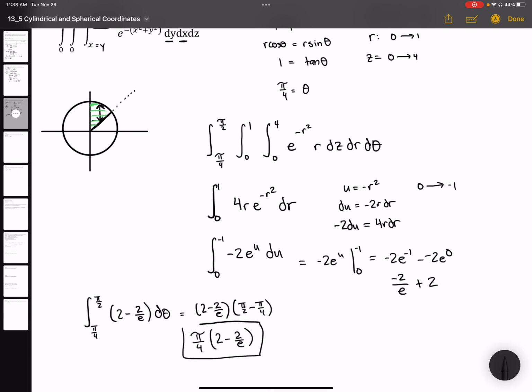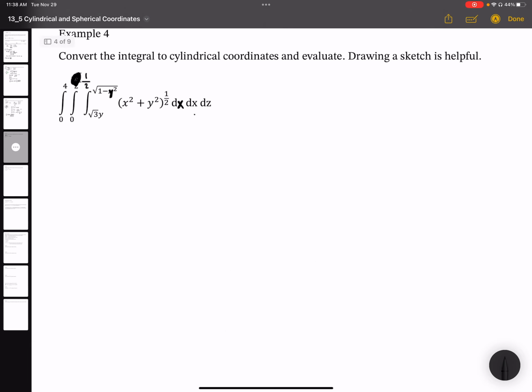Again, you can throw this into a calculator, but that's what you're going to get. I guess we could go farther, but they all kind of work the same. If you're looking at my notes ahead of time, I did make this change to example 4. I copied and pasted some stuff and then reordered my limits.